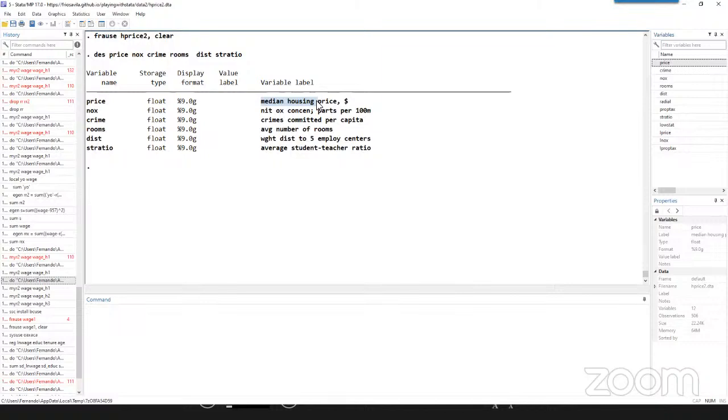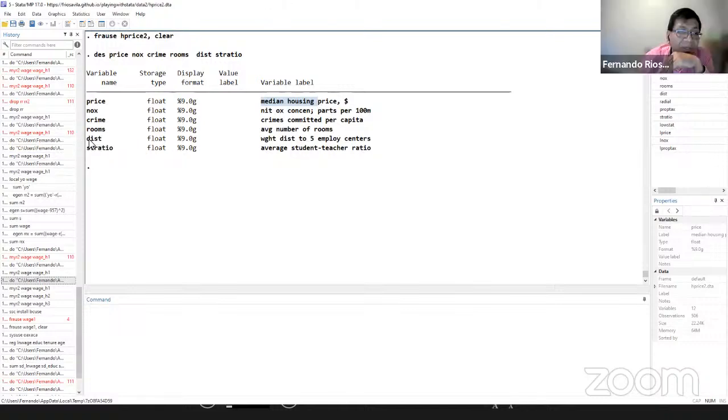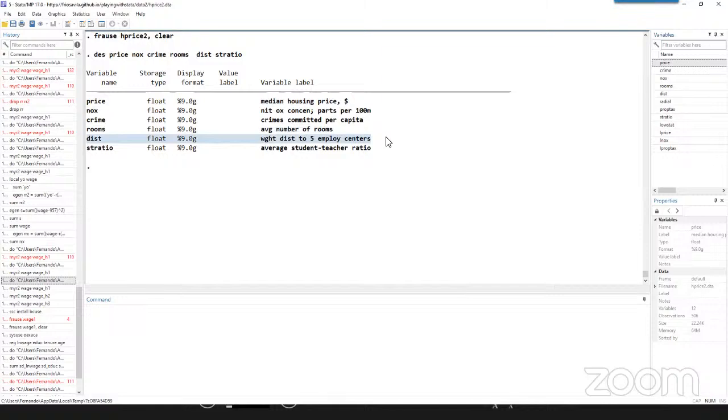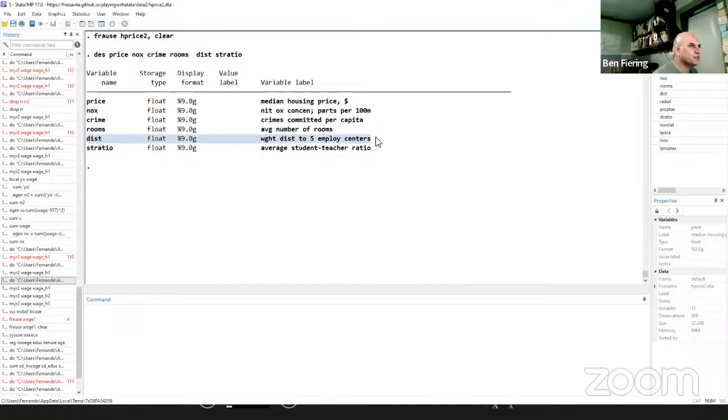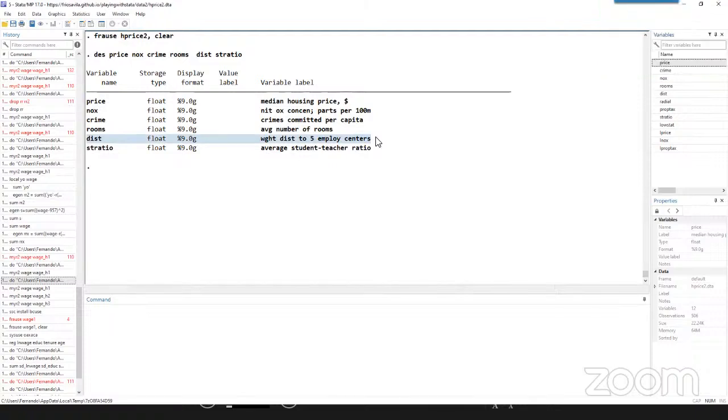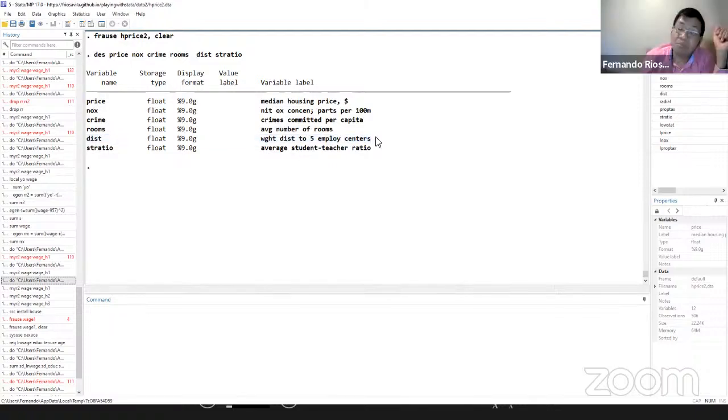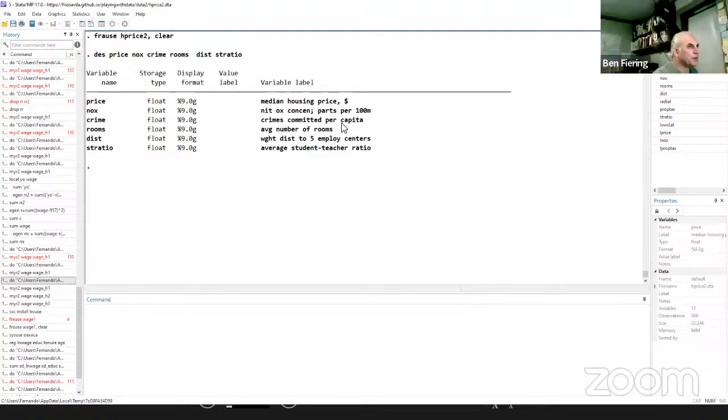And distance? The closer, the better, right? Yeah, it will be positive. Yes, it could be that the closer to the employment center, the better, because you have to pay to be closer to the city, correct? Although you might also argue that it is the other way around. Well, it would probably be some median distance that would make sense.